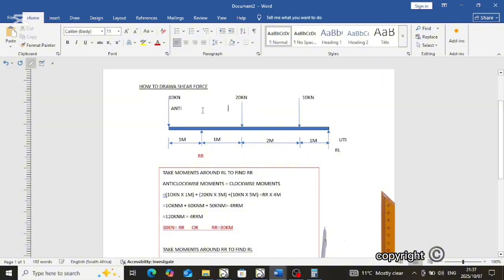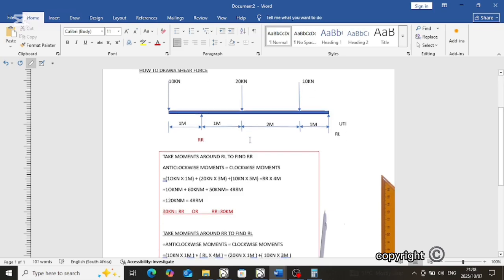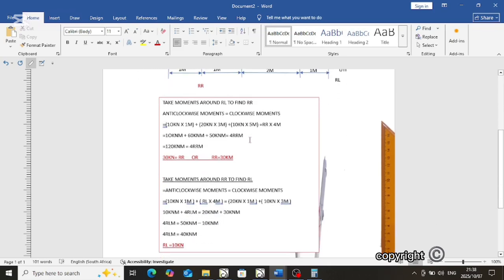Let me erase here. I'm trying to clean up everything here. I will be writing a value here for RR and that one for RL.